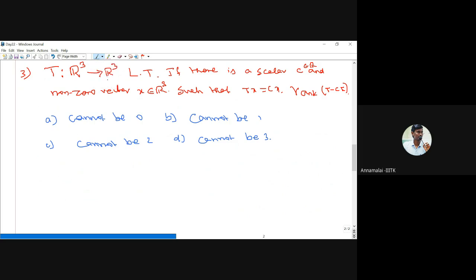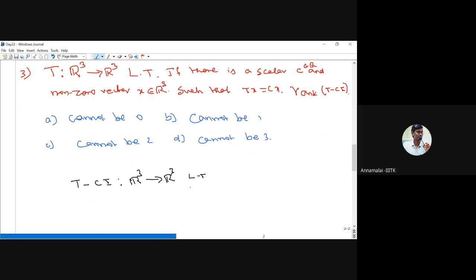Clearly, if you consider this transformation T minus c times I, this is a function from R3 to R3 again, because I is the identity map from R3 to R3. If you multiply by some scalar, this is also a function from R3 to R3, and it is also a linear transformation.